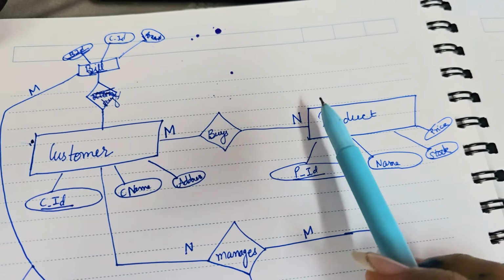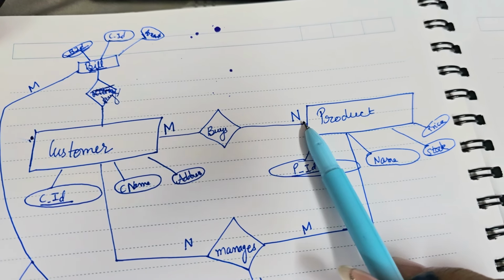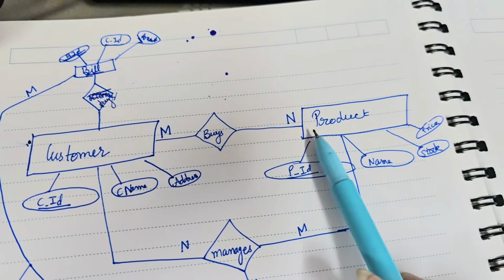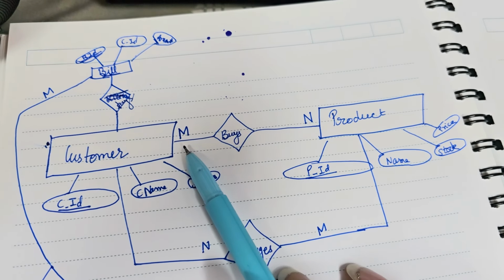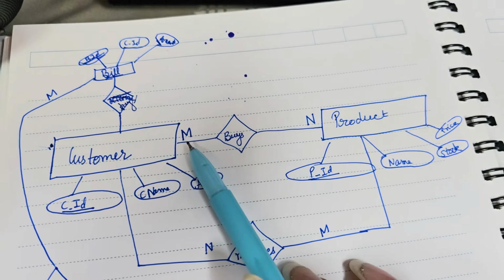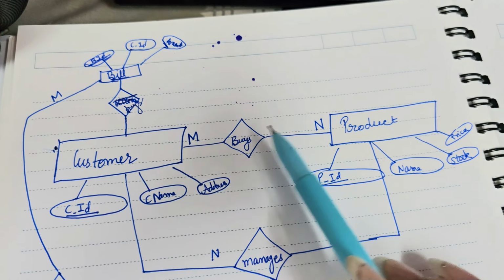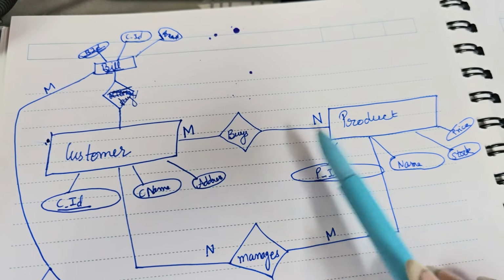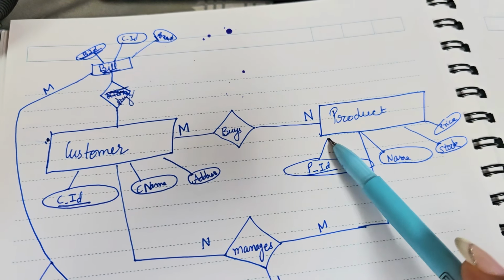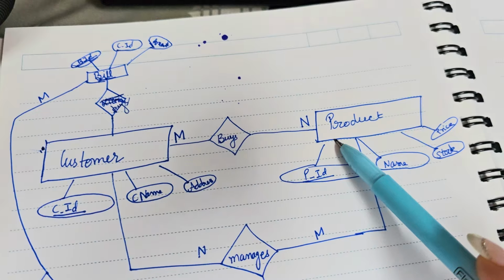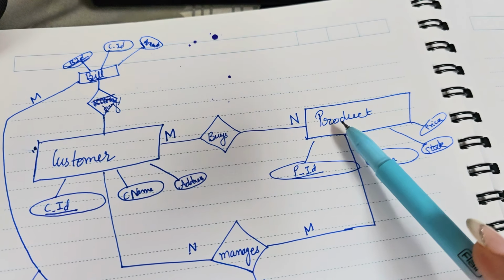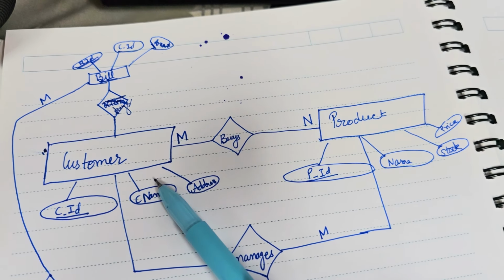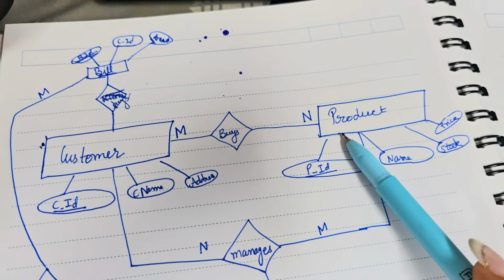That is why the cardinality is 1 is to many from this side, and 1 is to many from product to customer also. Thus we write m is to n, which is many is to many. To show a relationship to be many to many, it should be 1 is to many from the left entity to the right entity, and 1 is to many from the right entity to the left entity.